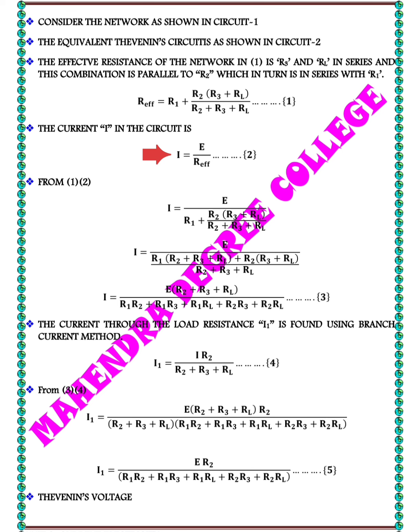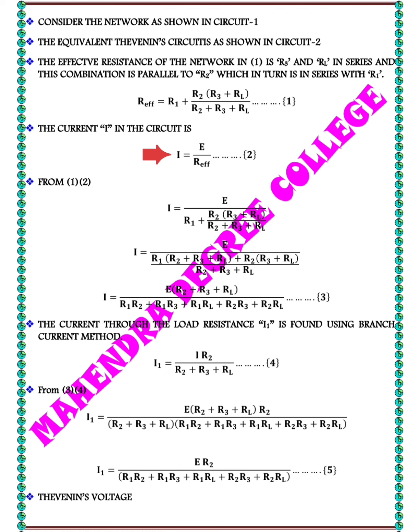Already we know Ohm's law, E equals IR. It is a fundamental principle in electronics stating that the voltage E across a circuit element equals the current I flowing through it multiplied by the resistance R of the element. So, the formula of current I equals E by R.